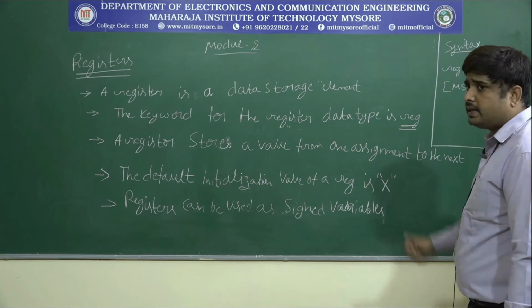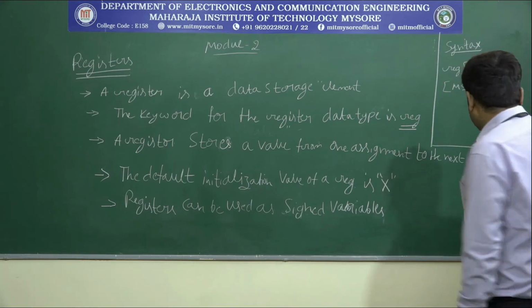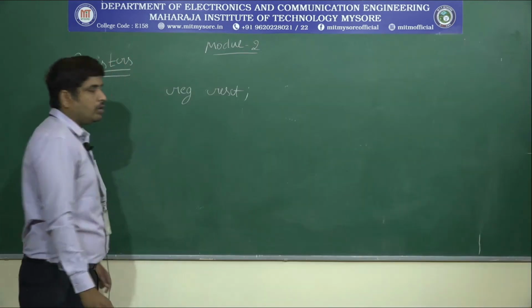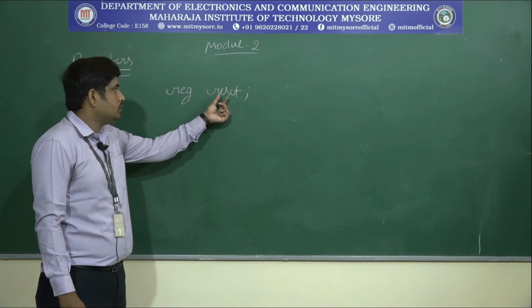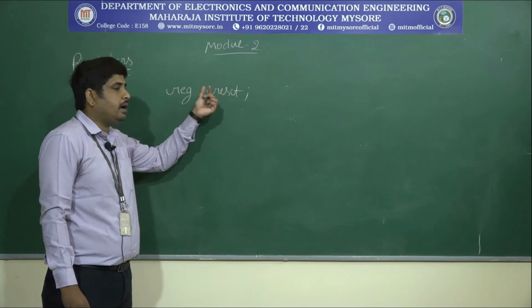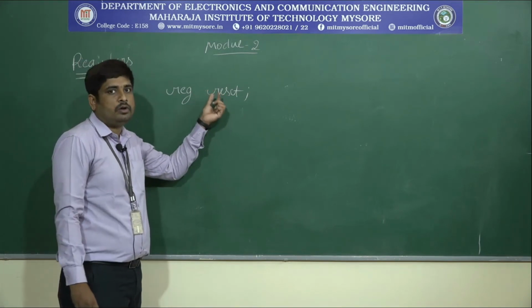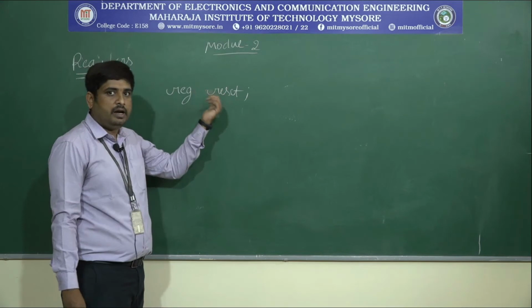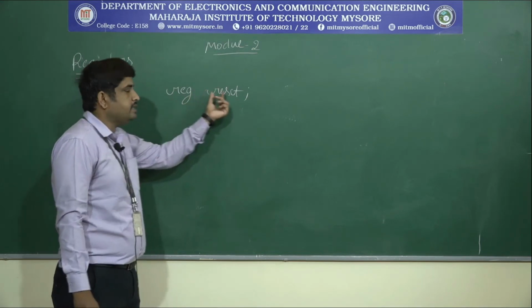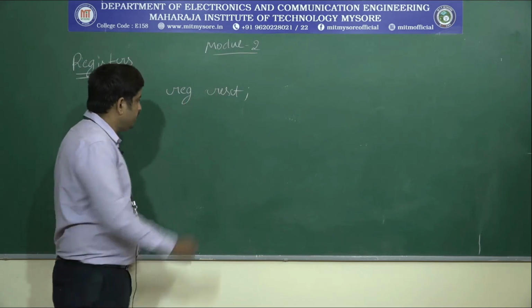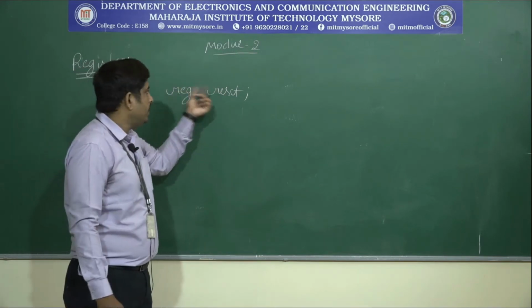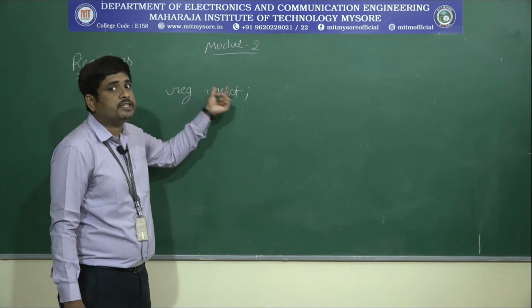So let us take an example with respect to a register. Reg reset, that is register reset. Here reset acts as either input or output or inout, but here reset acts as a storage element, reg reset. After you mention the storage element, you have to initialize the data.